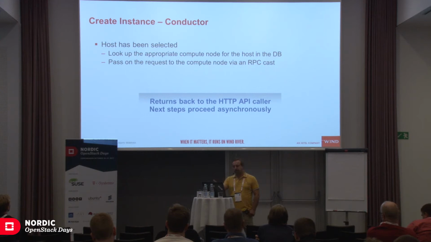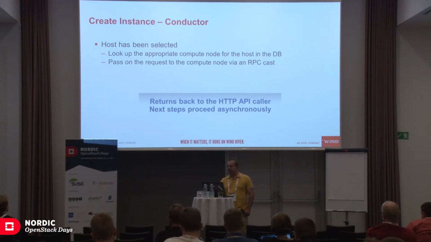In that case, you just look up the database, find the compute node, and pass the request to that compute node via an RPC cast. Here it is an RPC cast, which means you don't wait for the response. You just fire it off and don't care about it. The rest of the calls from here are asynchronous calls.